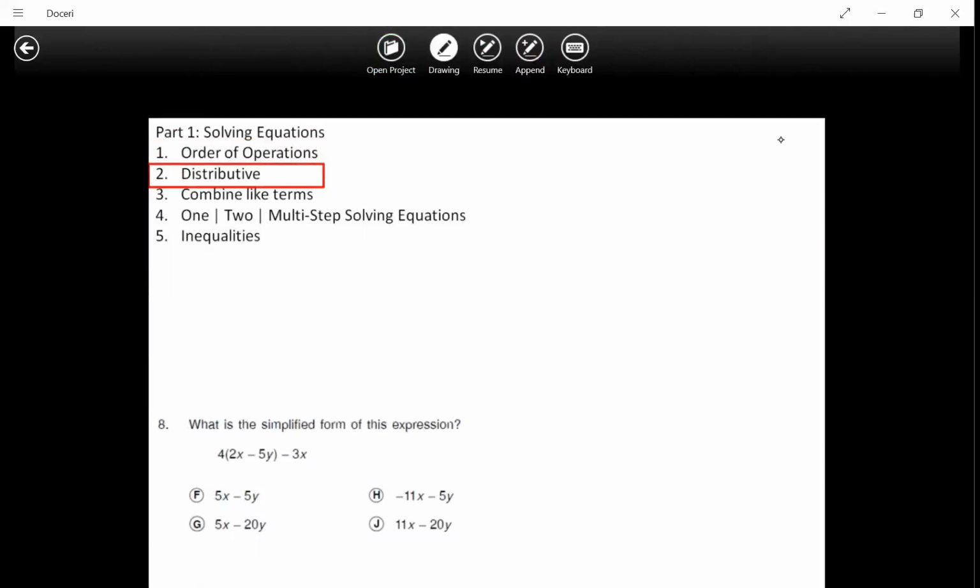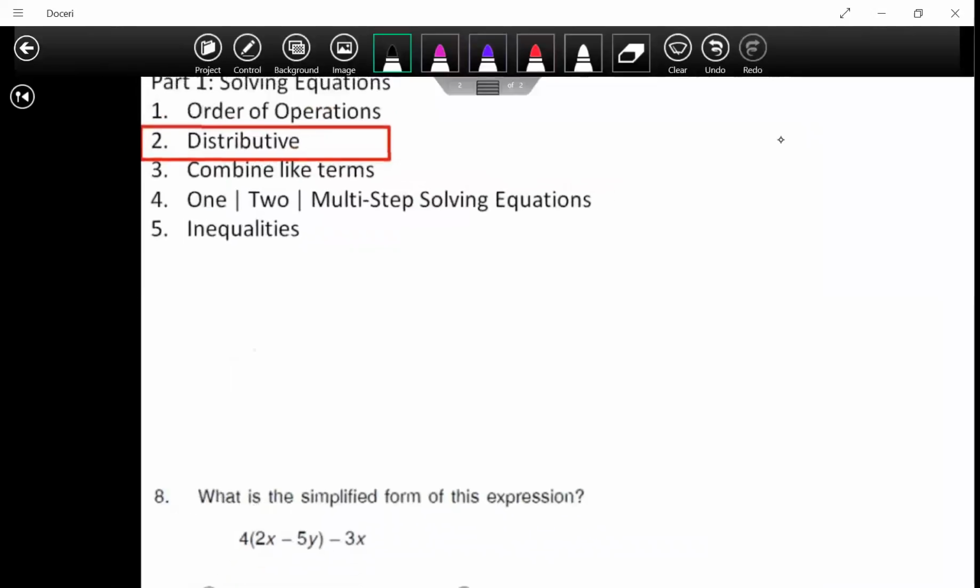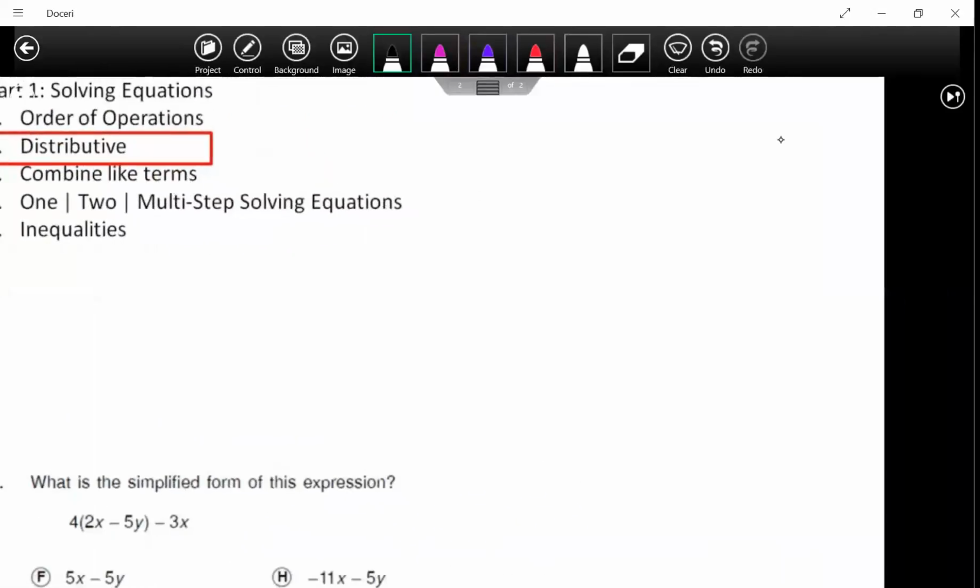Next one that you have on here is a distributive property. And this is the distributive property combined with like terms. So we're going to do 2 problems like this. We always say we distribute the outside number to the inside number.